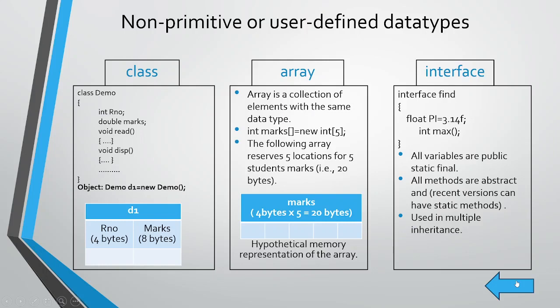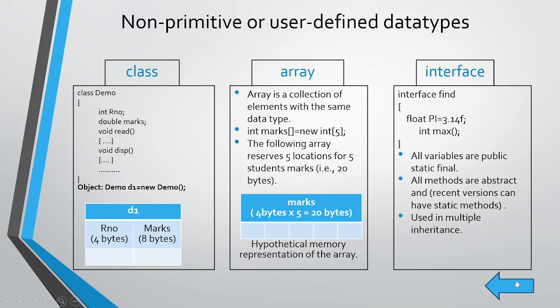It is said 5. That means 5 integers together given the name marks. Each integer is 4 bytes, so 4 multiplied by 5, total 20 bytes are reserved for the marks variable. This is also user-defined.